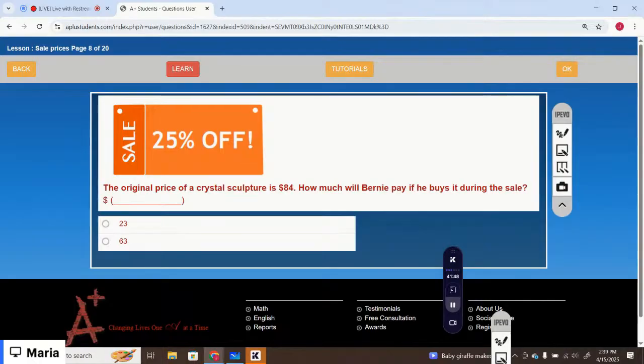The original price of a crystal sculpture is $84. How much will Bernie pay if he buys it during the sale? So, which is the correct option?